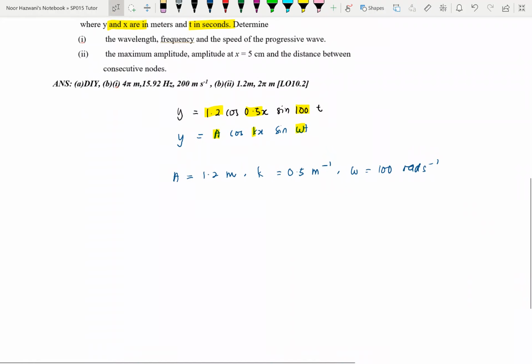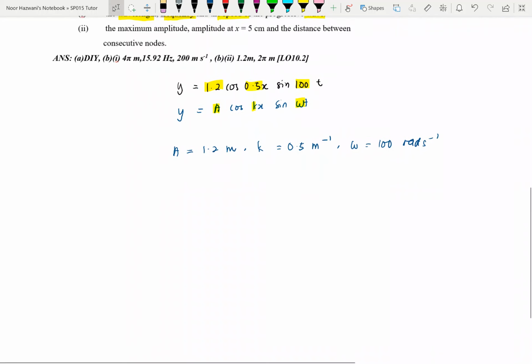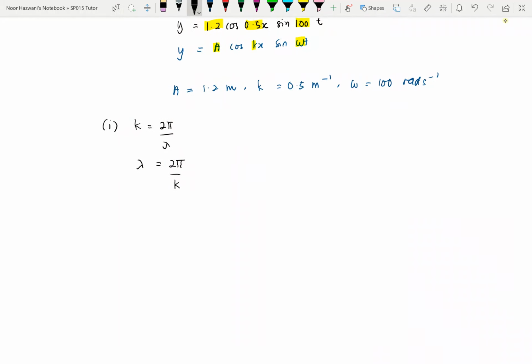Okay, and then for part 1, it asking us to find out the wavelength, frequency and the speed of the wave. Okay, so kita boleh cari, yang pertama kita boleh cari wavelength daripada apa? Kita tahu wave number is K equals to 2 pi over lambda. So kita boleh teruslah cari lambda kita is 2 pi over K. And then K kita tadi kita dah tahu, which is nilai dia 0.5. So just plug in the value.